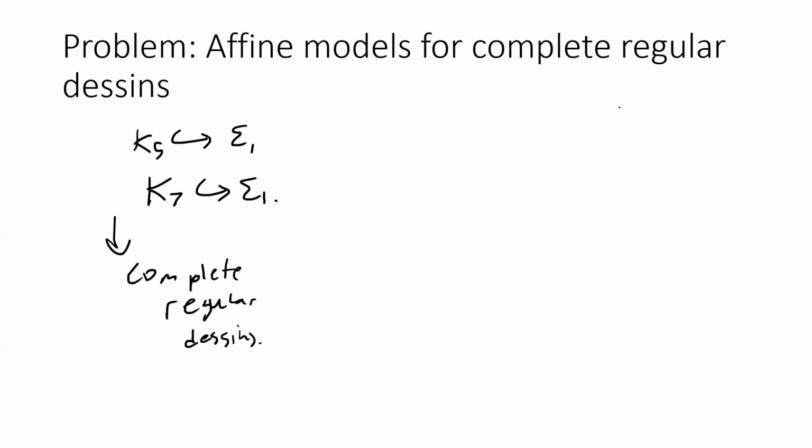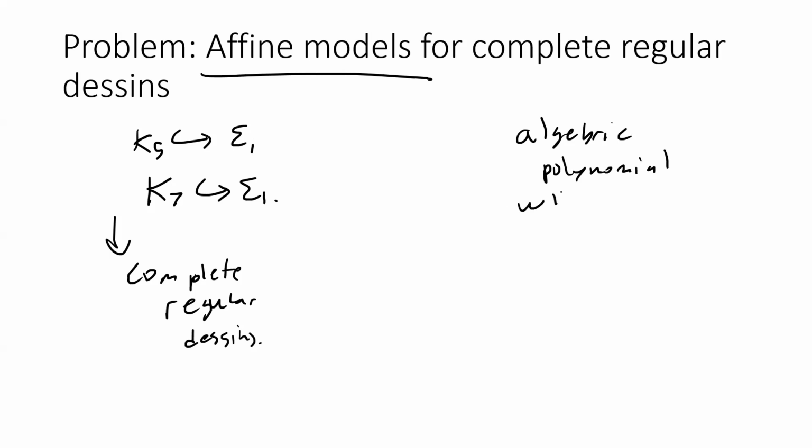And what I want to do is find affine models for these complete regular dessins. So I want algebraic equations, polynomials. I just want polynomial equations with algebraic integer coefficients.